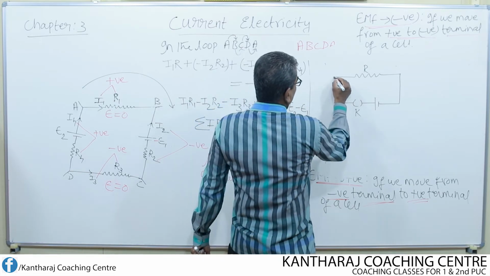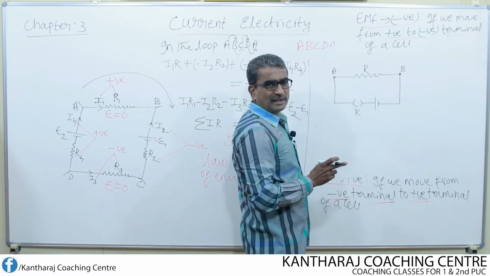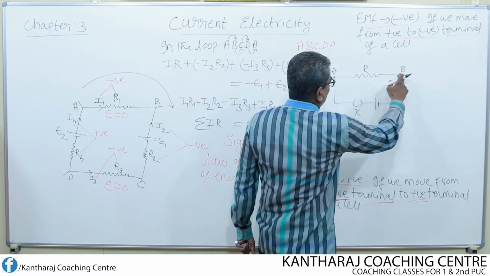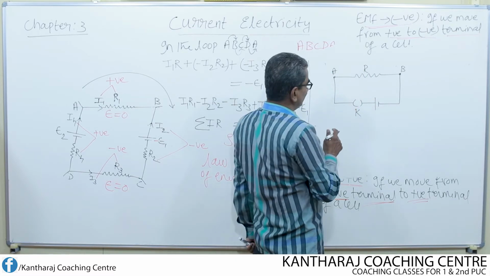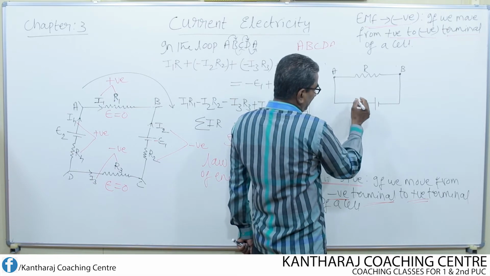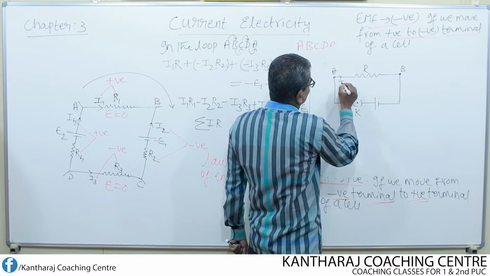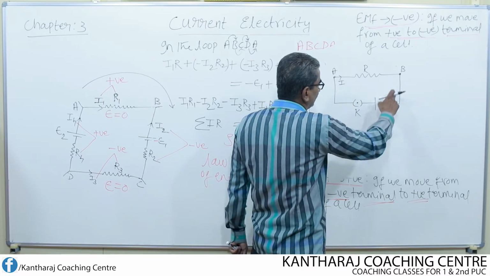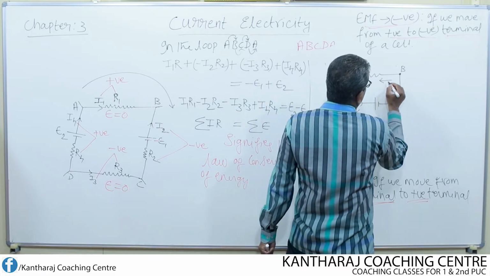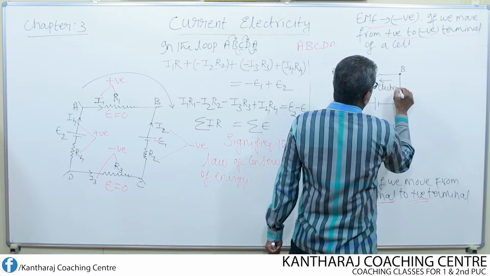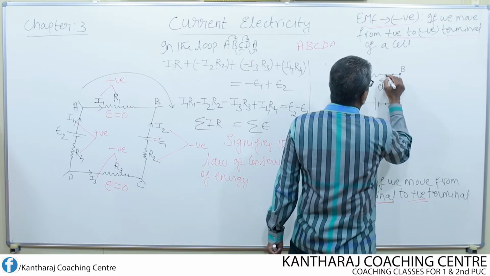Now AB is the resistor. What is the terminal potential difference or potential difference across the resistor AB, whose resistance is R? By inserting the key, what happens? Current starts flowing. Conventional current is always from positive terminal to negative terminal. Opposite to this conventional current, electron starts flowing. That means electron starts flowing from negative terminal like this, okay.